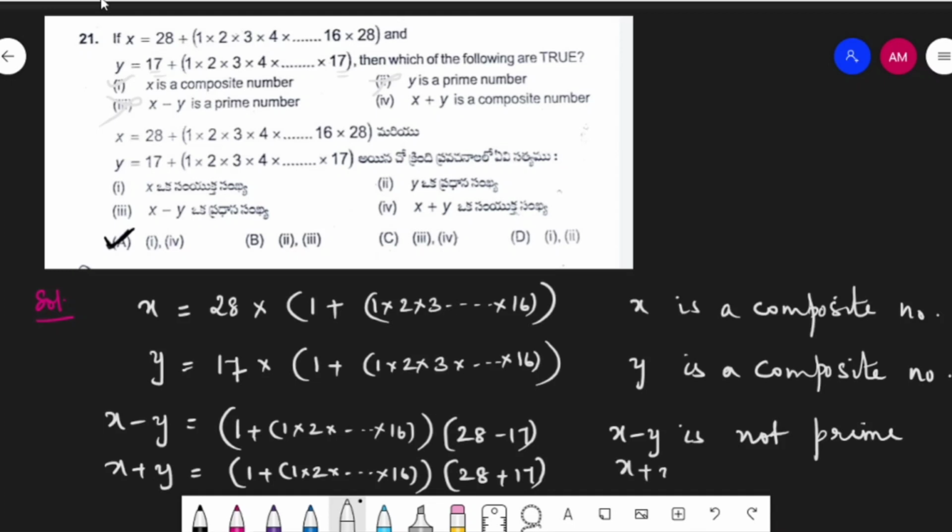So x plus y is a composite number. Fourth one is also true. So only 1 and 4 are true. Which option? A. So the correct option for 21st problem is A.